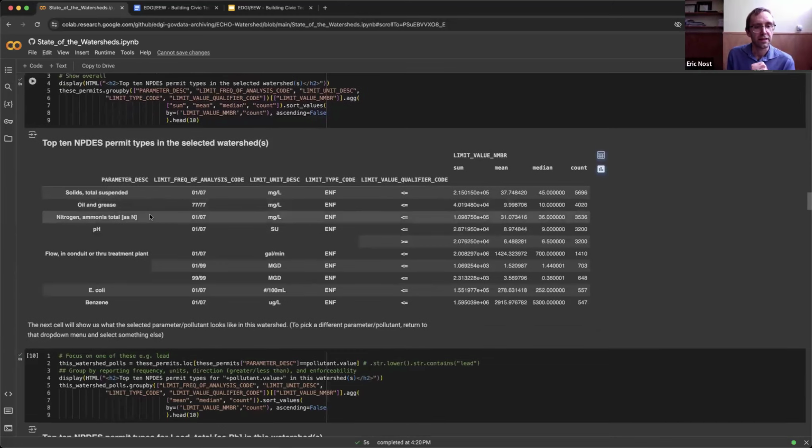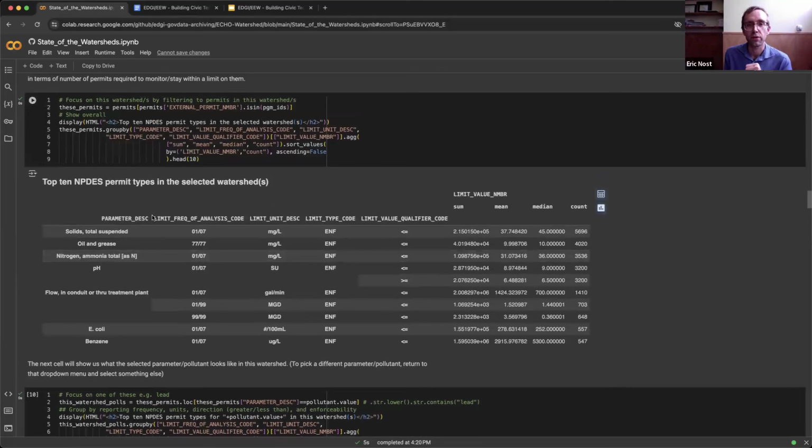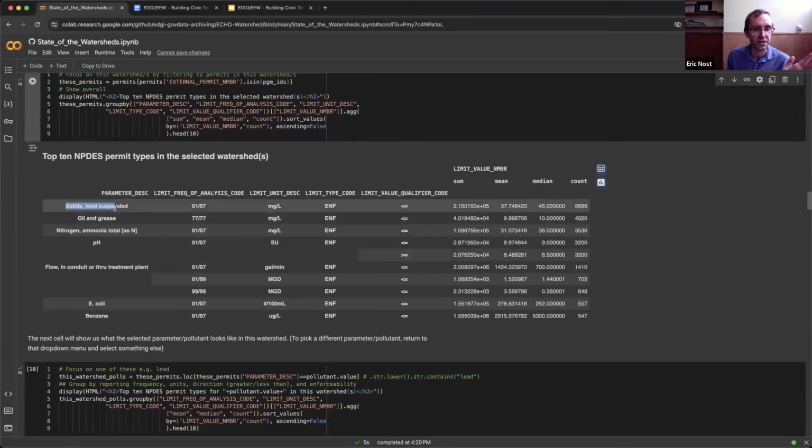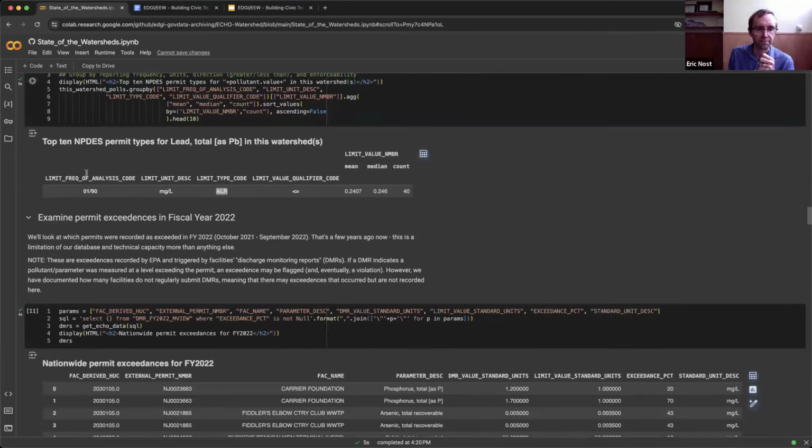All right, so then what does this look like in this specific watershed in Adams County that we are focused on? Well, again, total suspended solids, really important. E. coli here as well, benzene. And we know that there's about 7,000 or so permits in that watershed. So the vast majority of them are on the hook for total suspended solids.